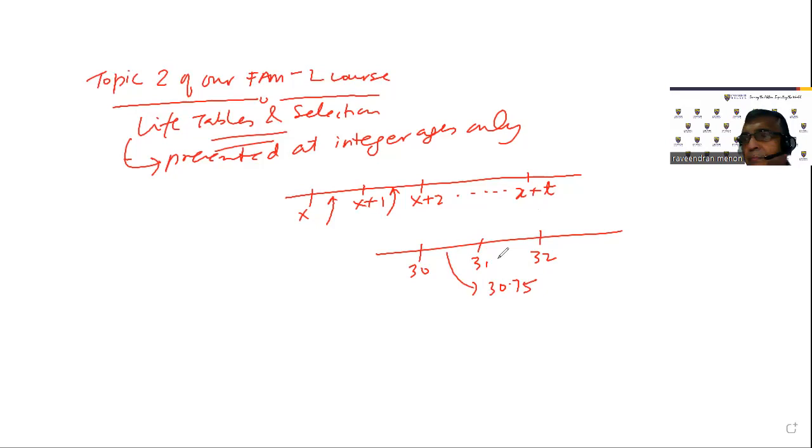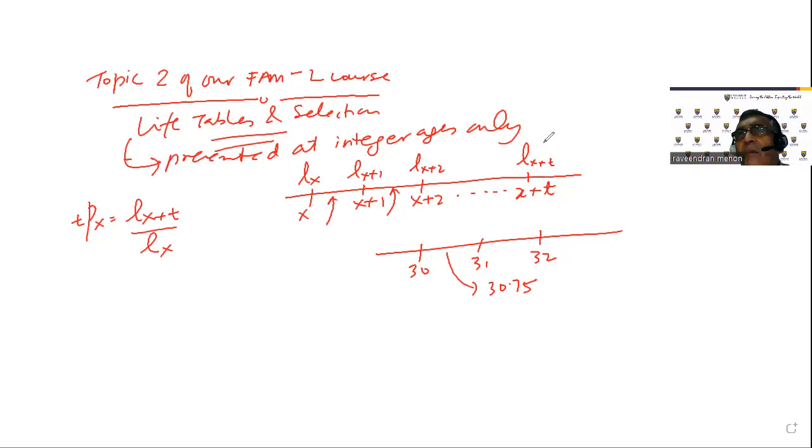While we're at this, we will see some notation that we saw earlier in our previous chapter. One of the more common ones will be tPx, which is l_(x+t) over l_x. So we're looking at l_x, l_(x+1), l_(x+2), and this will be l_(x+t). These are the number of lives observed at age x, age x plus 1, age x plus 2, and so on. Technically speaking, it should be the expected number of lives.